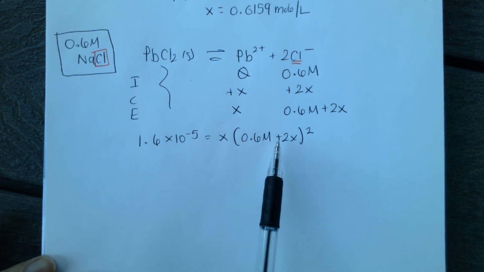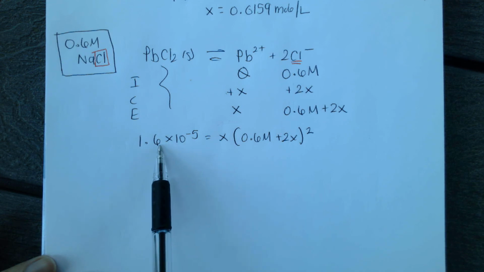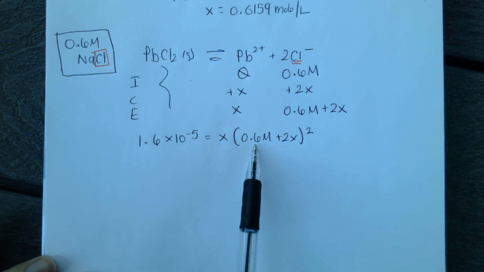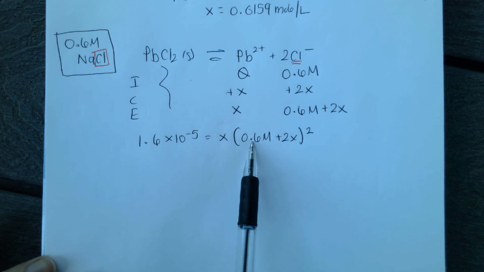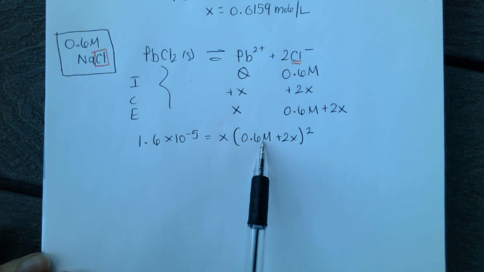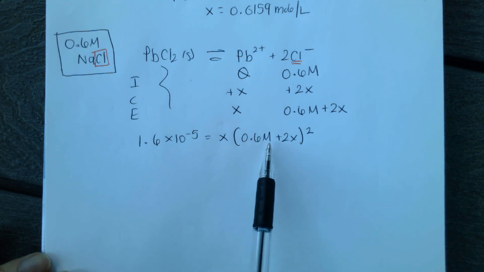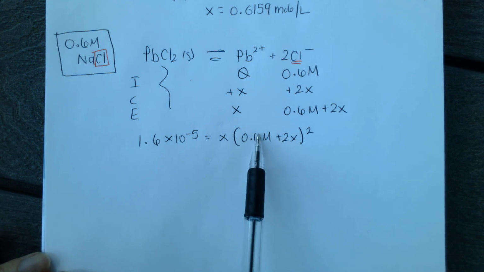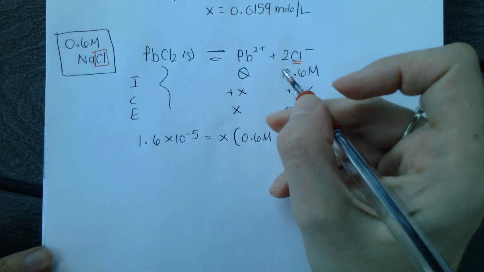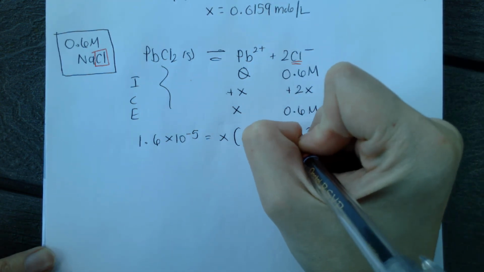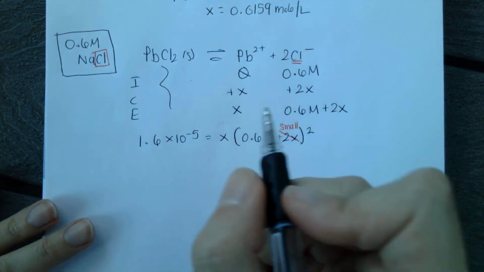So it's safe to assume, because this is thousands of times larger than our Ksp, that when we solve for X, it's going to be a lot smaller than this. So we're talking like 4 decimal places beyond what we have here. So it's not going to make much of a difference to the magnitude of this number. So for that reason, it's pretty safe to assume that this is small, just like we did with our acids.